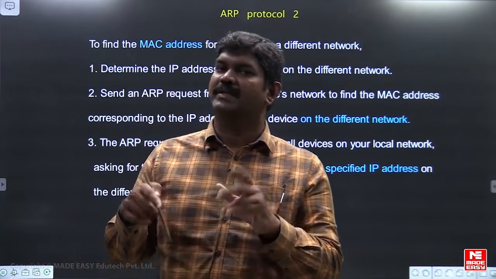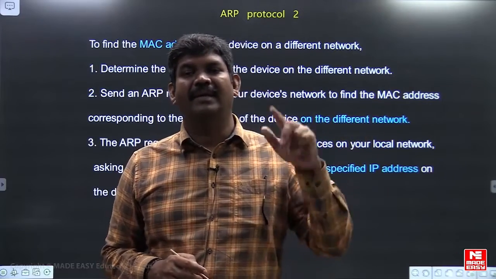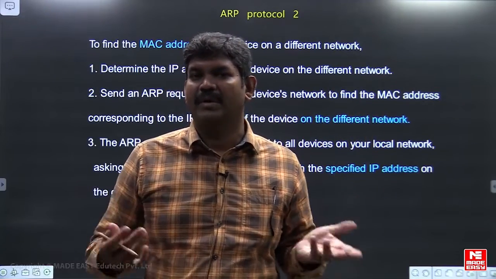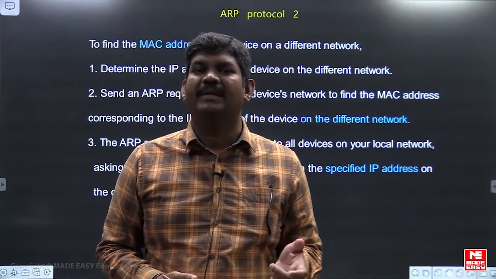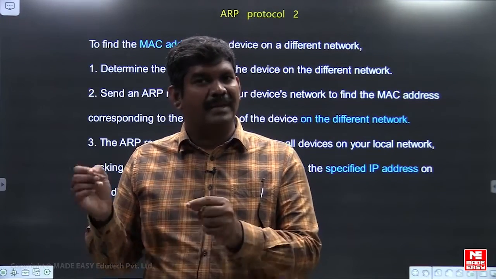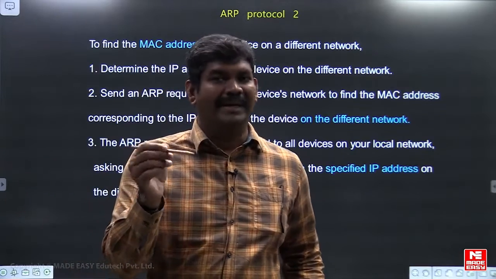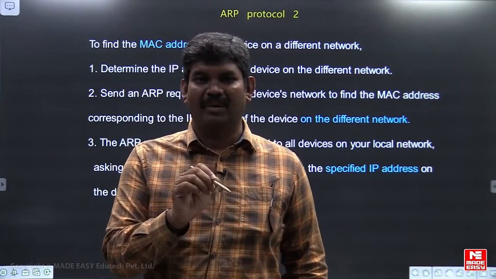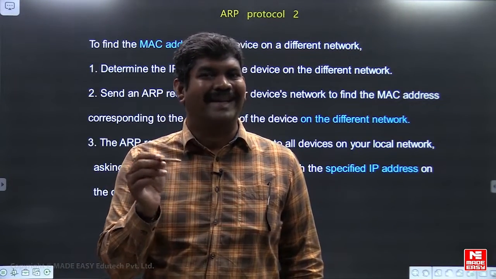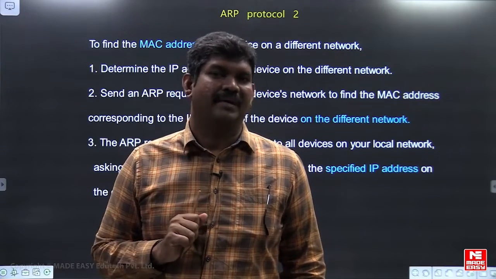But if that system is beyond the LAN or on the internet, what is going to happen? It's very clear that no computer will reply, and the ARP request packet you have broadcasted will go to the interface of the router. You can also call that the gateway of the router, because no client has responded.